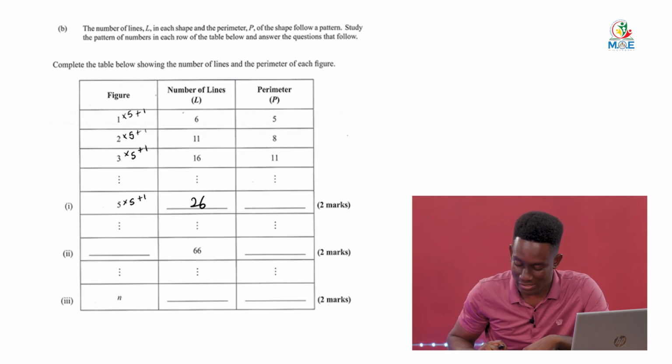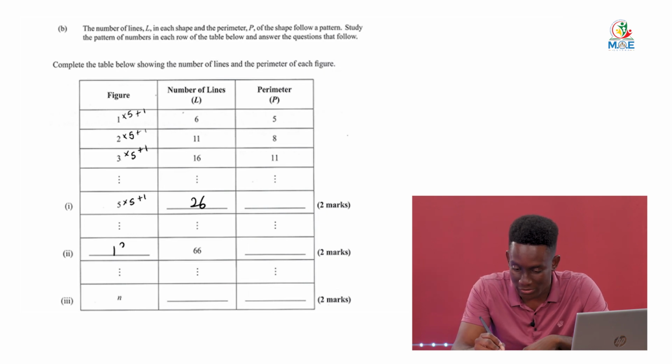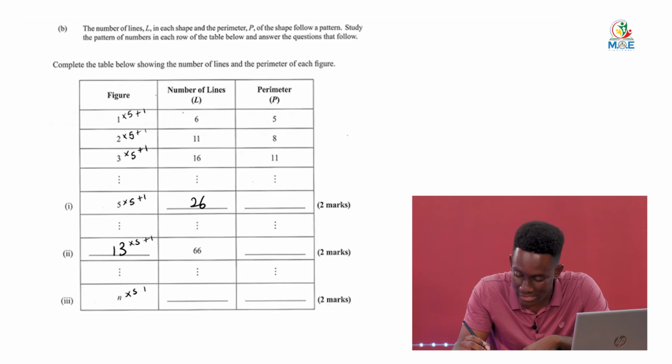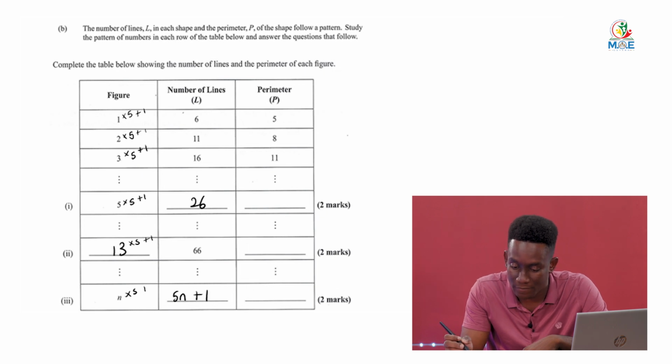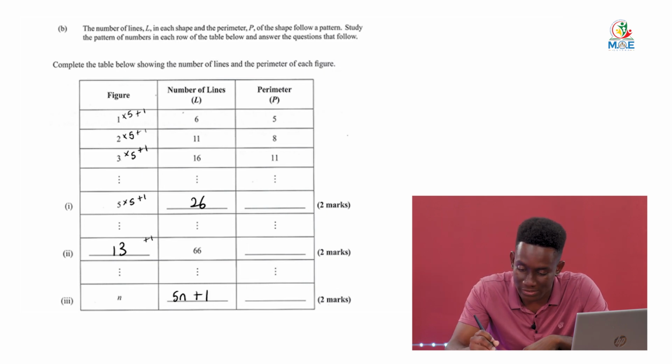So 65 divided by 5, so I multiply 13 by 5. So 13 times 5 would give me 65. And 65 plus 1 is 66. So the number here is 13. So that works there. So for n here, we see we're multiplying by 5 and then we're adding 1. So 5 times n would be 5n plus 1. And that is some easy marks there.